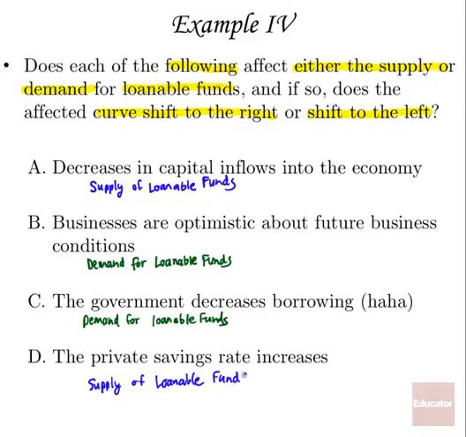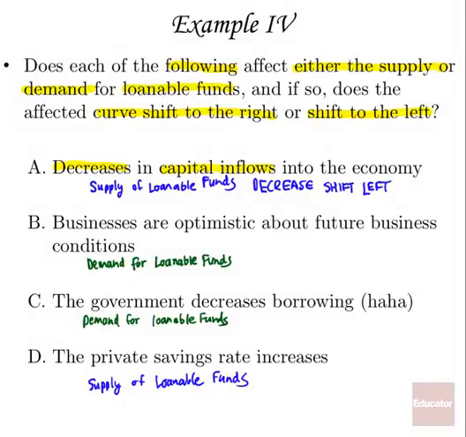Now let's go back to A. There's going to be a decrease in capital flow. So that's going to shift the supply curve to the left. There's less supply of loanable funds, so it's going to be a decrease, a shift left.